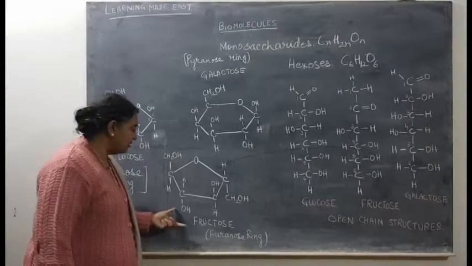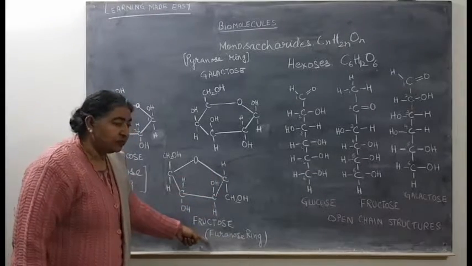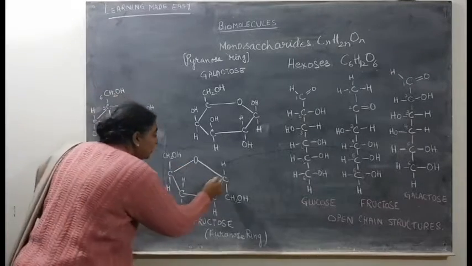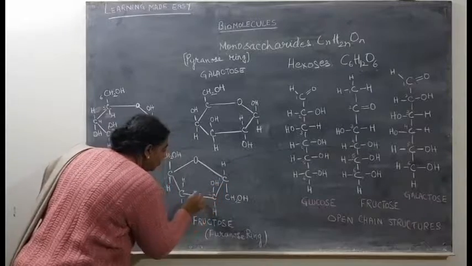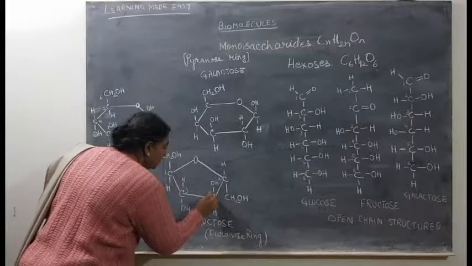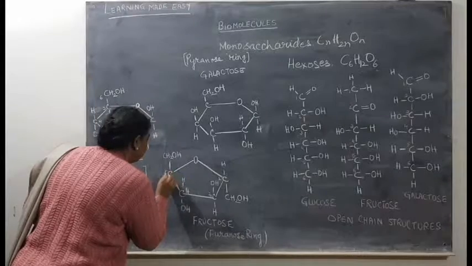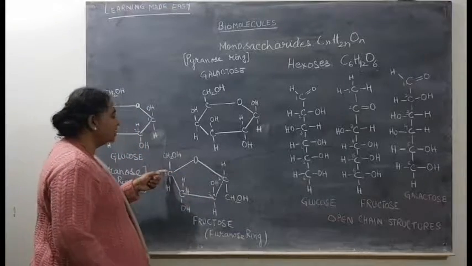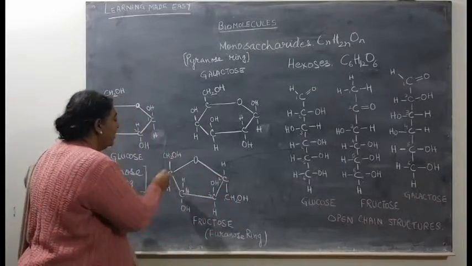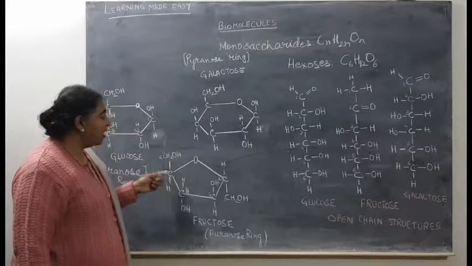While the second one is fructose. The ring structure of fructose is a furanose ring. That means a pentagonal ring having an oxygen and 4 structures in the ring, while the first carbon is placed here and the 6th carbon is present here.